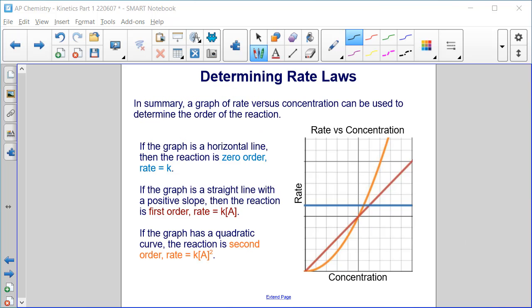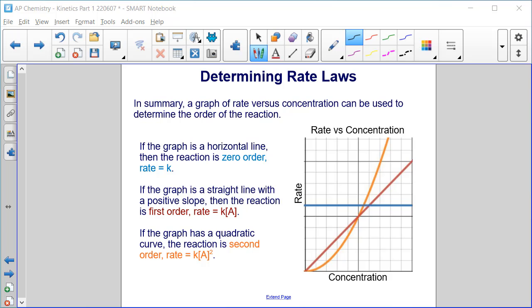In summary, a graph of rate versus concentration can be used to determine the order of the reaction. If the graph is a horizontal line, then the reaction is zero order, and we know that the rate is equal to k, the rate constant.